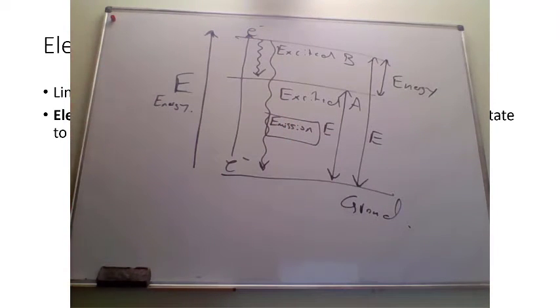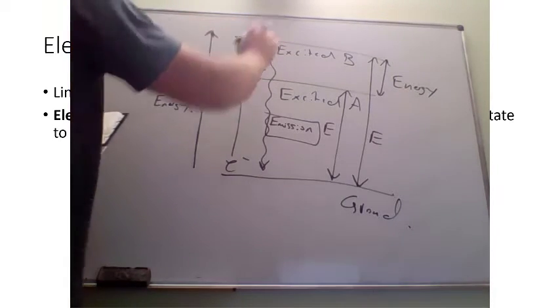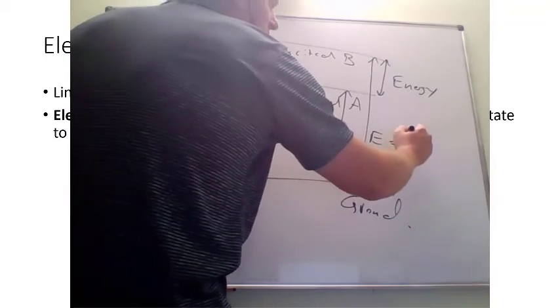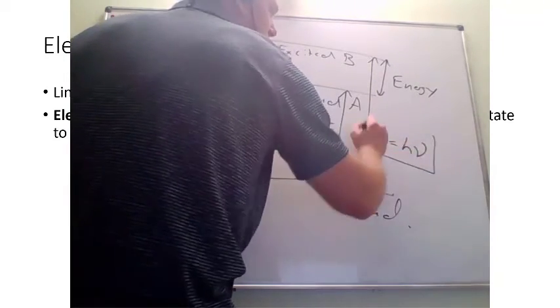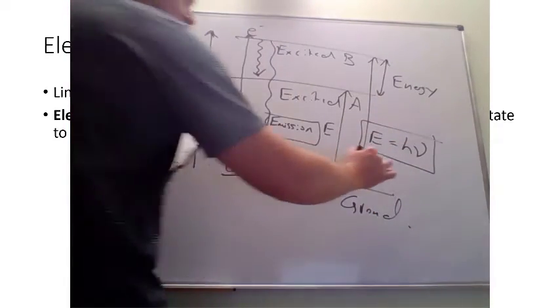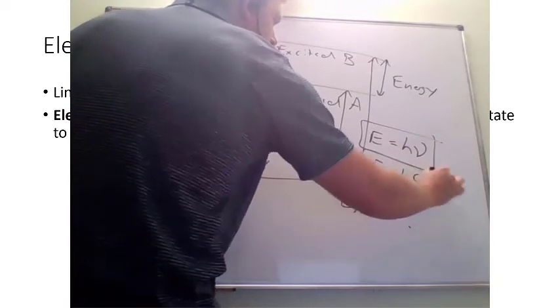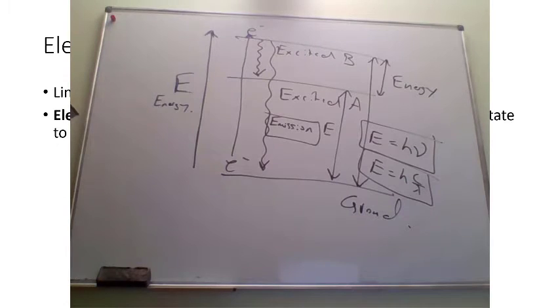And so the energy associated between the difference between this excited and ground state energy levels can be released as a photon of light. E is equal to h nu, or E is equal to hc over lambda. So what we get is individual colors of light associated with the transfer from an excited energy state down to a lower energy.